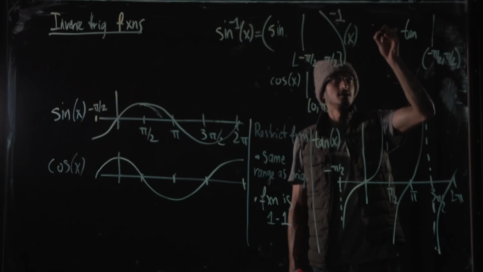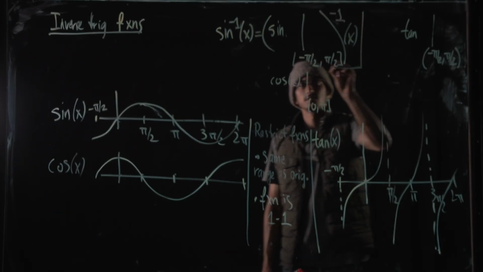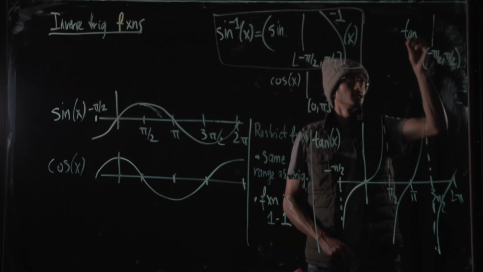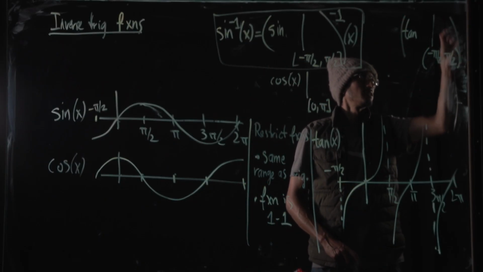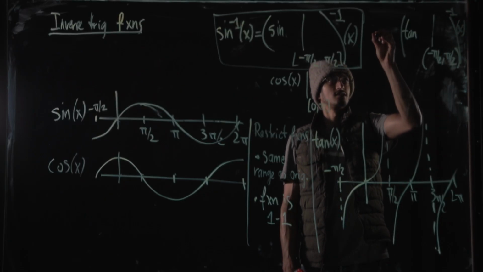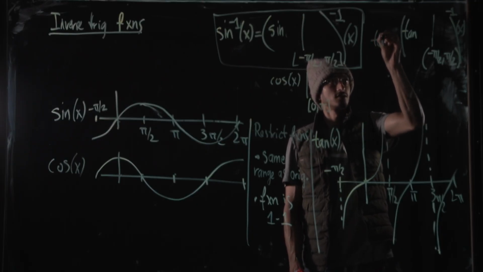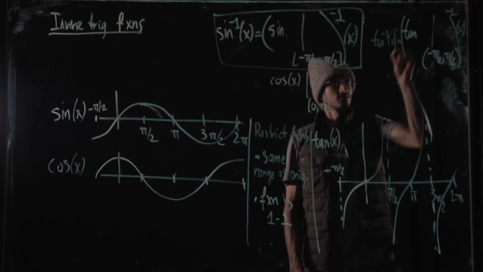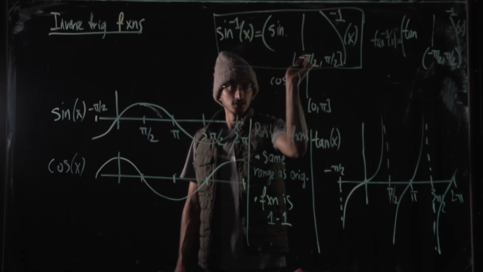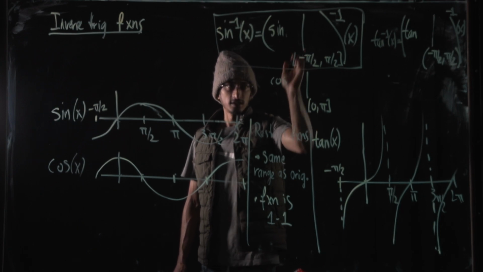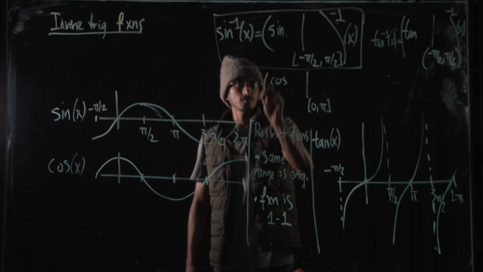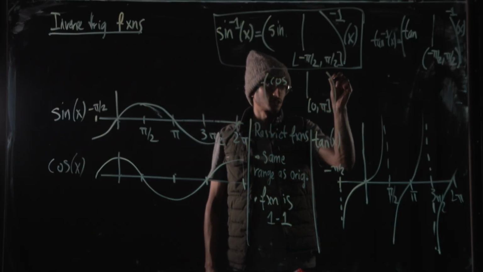The tan inverse function will be, I take the tan function, I restrict it, take the inverse, and then apply x. This is the tan inverse of x. And the cosine inverse of x is I take the cos function, and then I restrict it, and then I take the inverse.